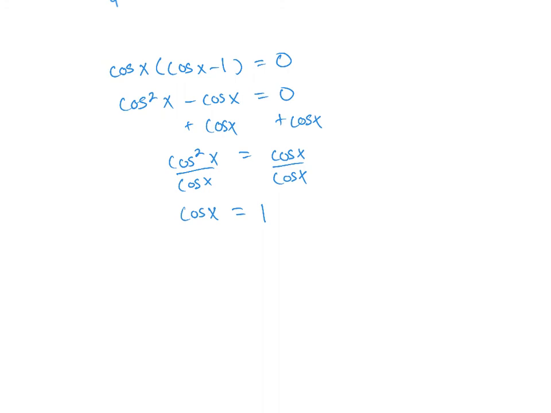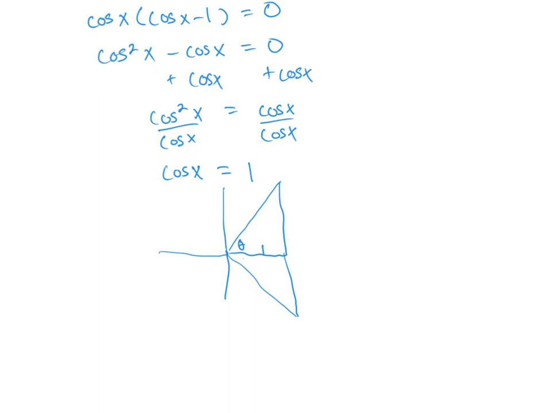Okay, I can do that. Now I just need to find where cosine of x equals 1. I can solve for theta in that case. Cosine is positive, so I am dealing with angles in the first and fourth quadrants. My adjacent is 1, and my hypotenuse will have to also be 1. I've got a 1-to-1 ratio.